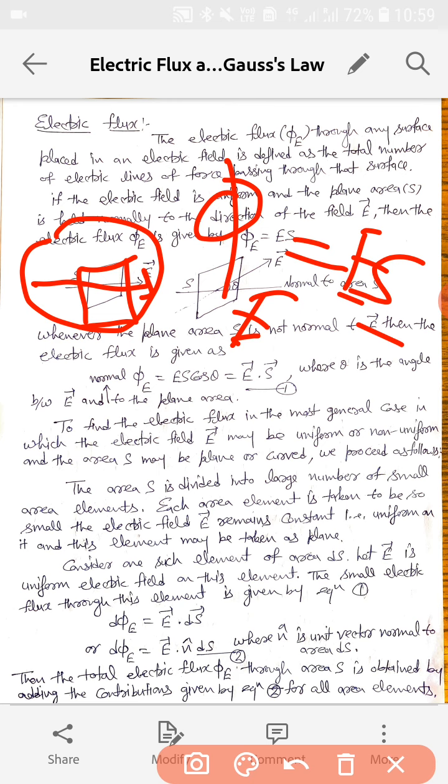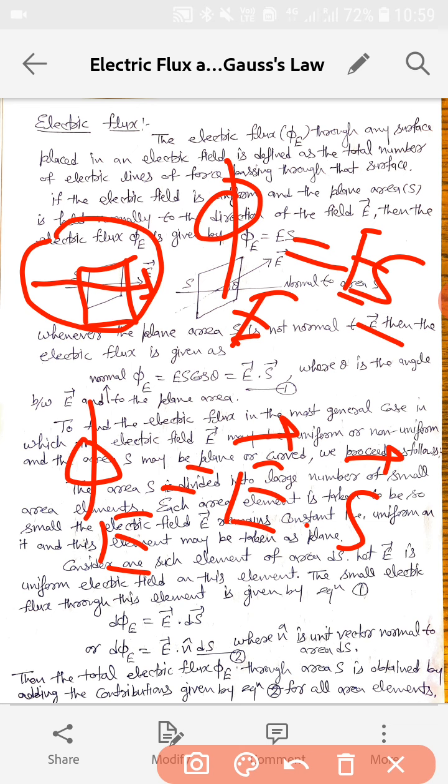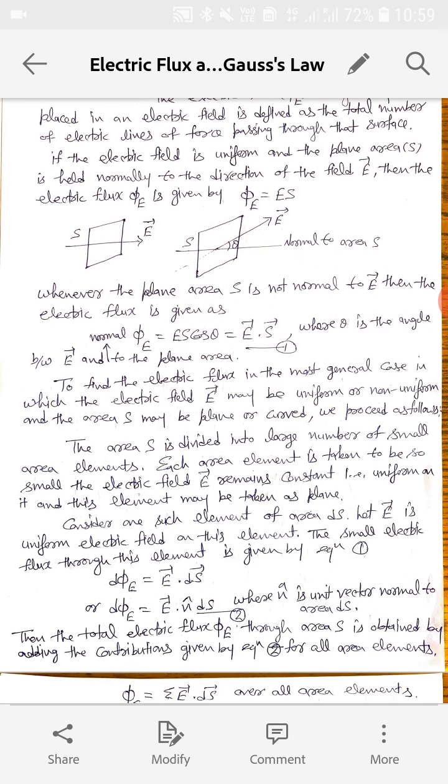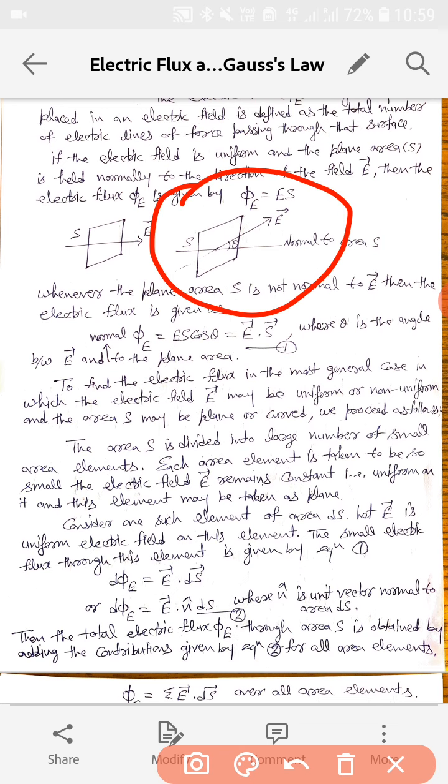And whenever the plane area S is not normal to the electric field, then the electric flux is given by phi E is equal to E dot S, which will become E S cos theta. Like in this figure, when the applied electric field is not normal to the surface, the surface is like this and its normal is in this direction, but the electric field direction is this.